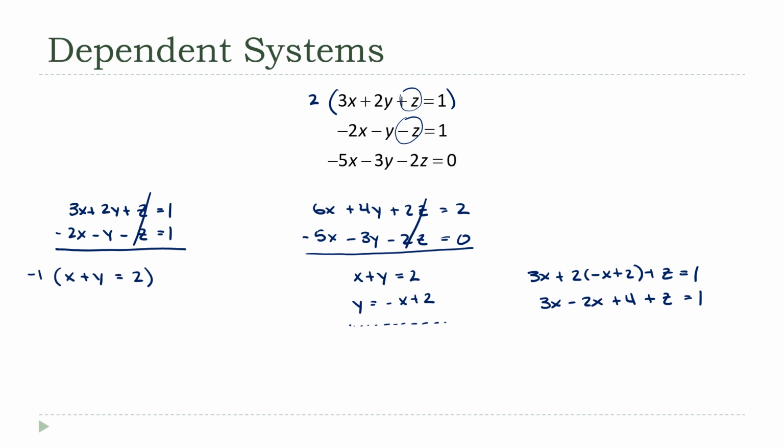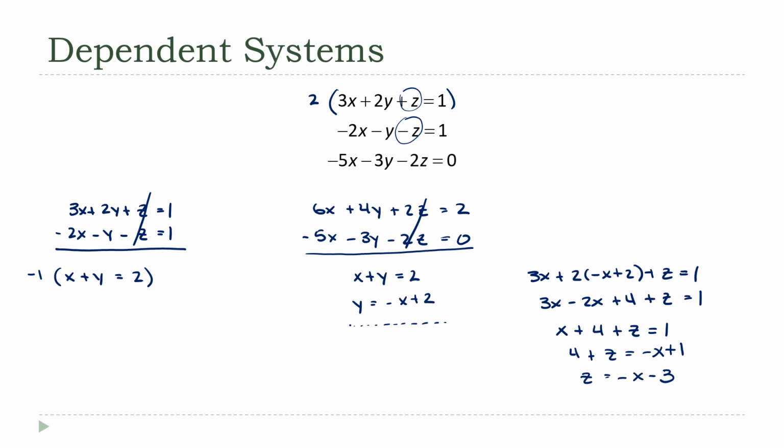So if I combine like terms, this is x plus 4 plus z equals 1. Move the 4 and the x over. 4 plus z equals minus x plus 1. Z equals minus x minus 3.